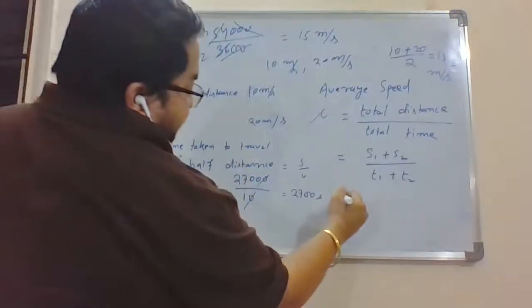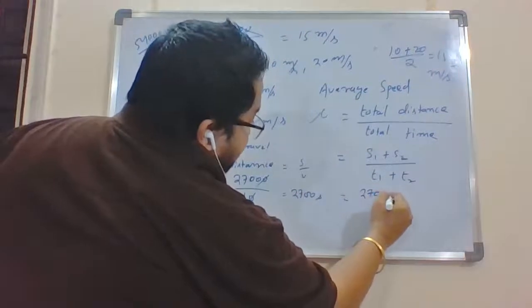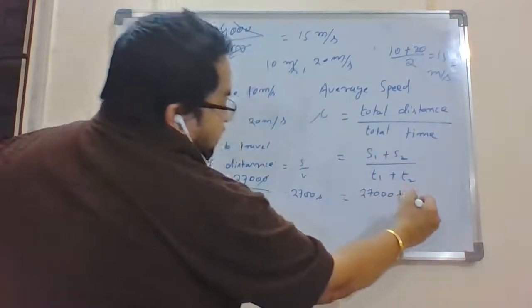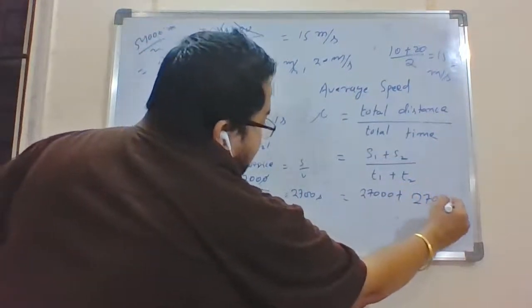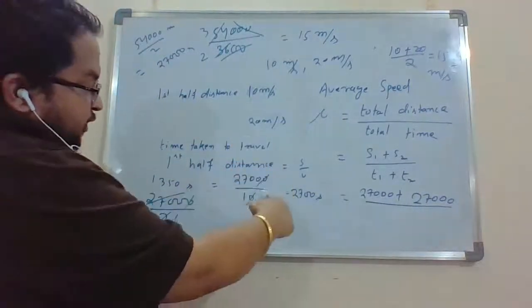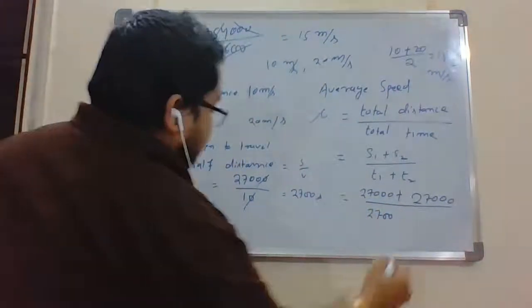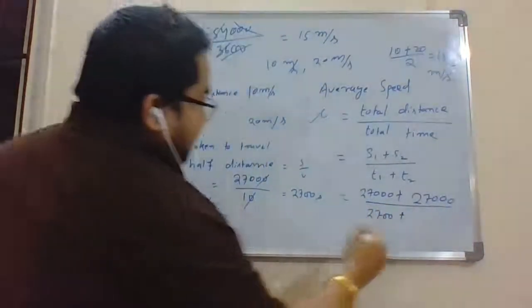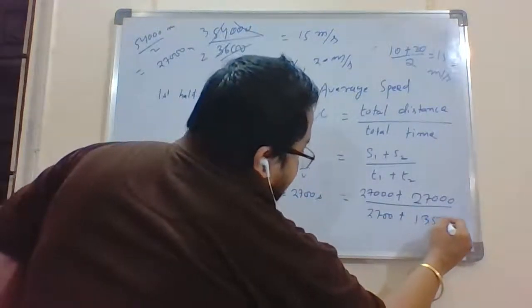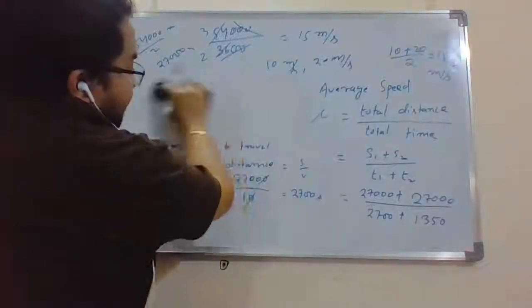So S1 was 27,000 meter, plus S2 was also 27,000 meter, by T1 was 2700, plus T2 came out as 1350.